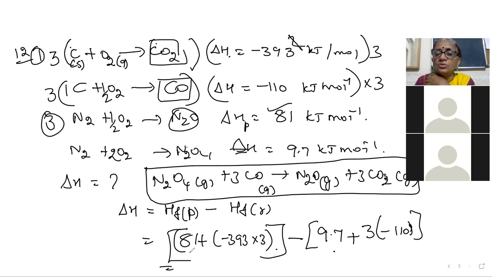Now first, what do you do? You simplify this one. What is this value? Have you calculated? Minus 393 into 3 plus 81. Minus 1093, is it? Yes, ma'am. No, how will it come 1093?